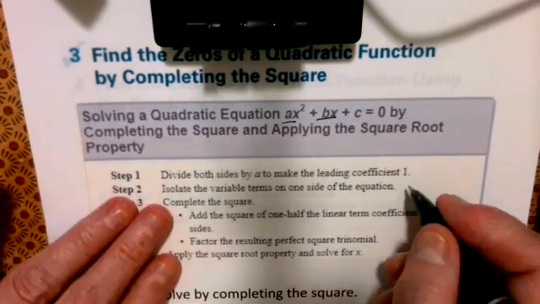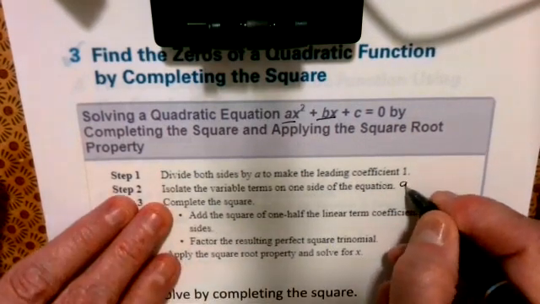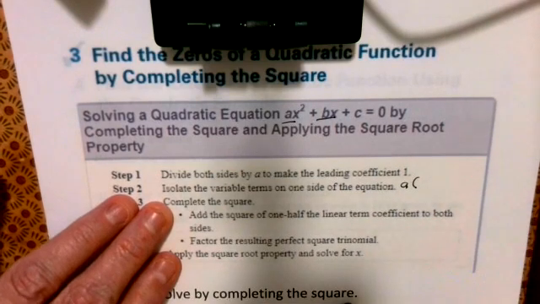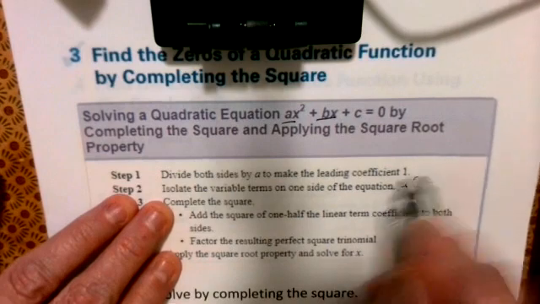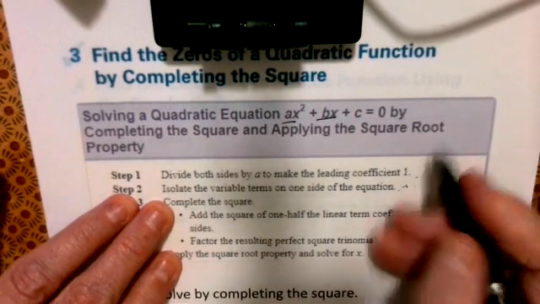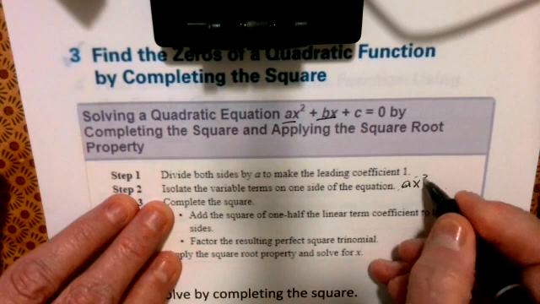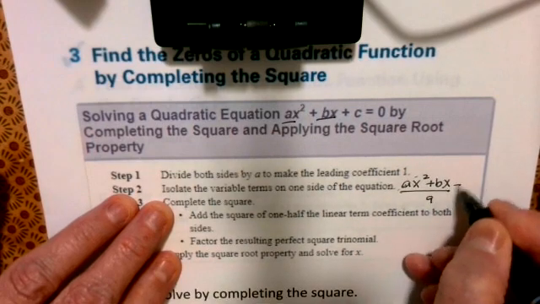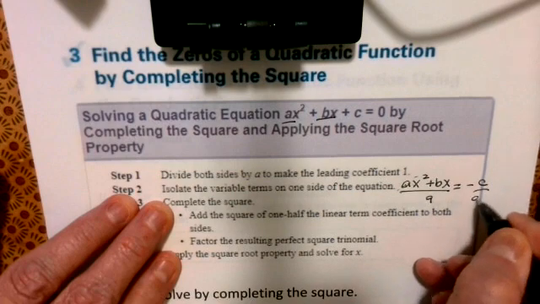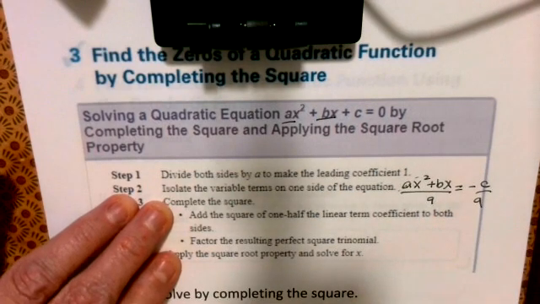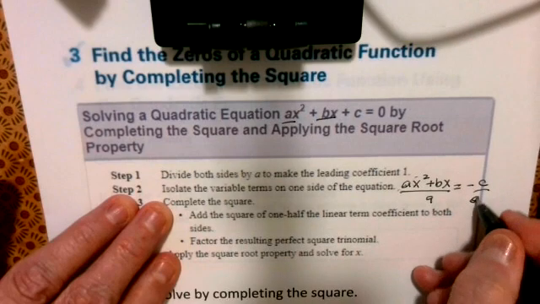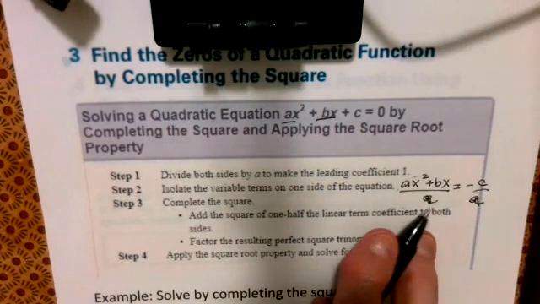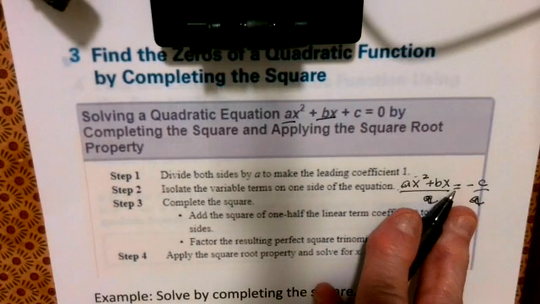We'll divide out the A, and then it'll equal minus C over A, if I subtract C from both sides. And that's an A. Sometimes my A's look like 9s. So then it's going to look like this.